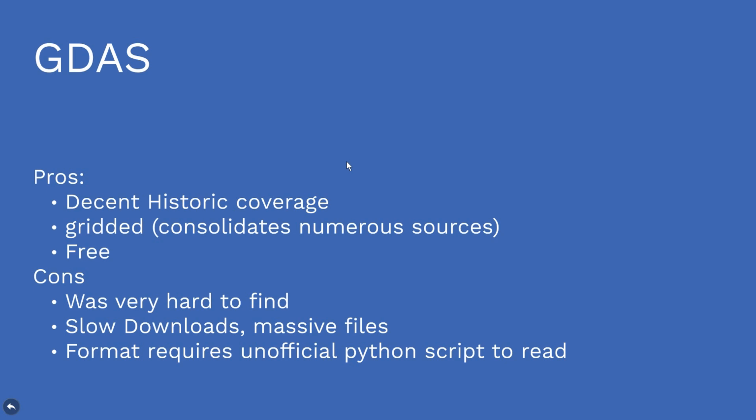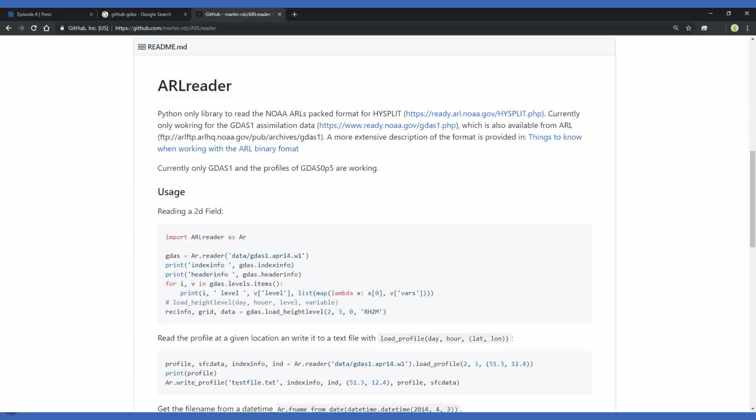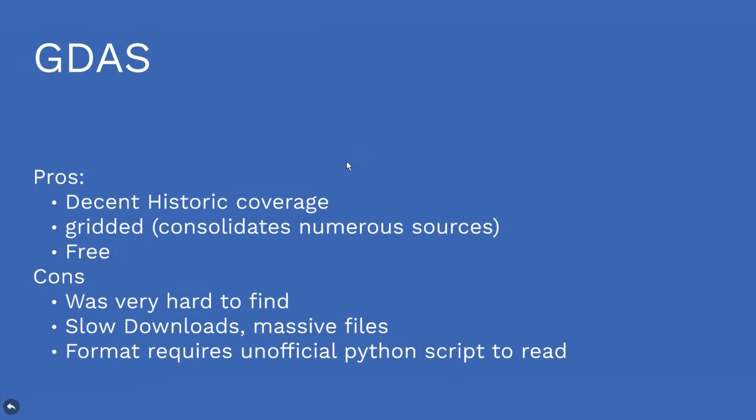But the gdas file format is different, and it requires this unofficial Python script that I had to download from GitHub. It seems to work, but I did have some issues. When I opened the files to begin with, the orientation was off. I had to do a couple of operations: I rotated and then flipped one of the axes.